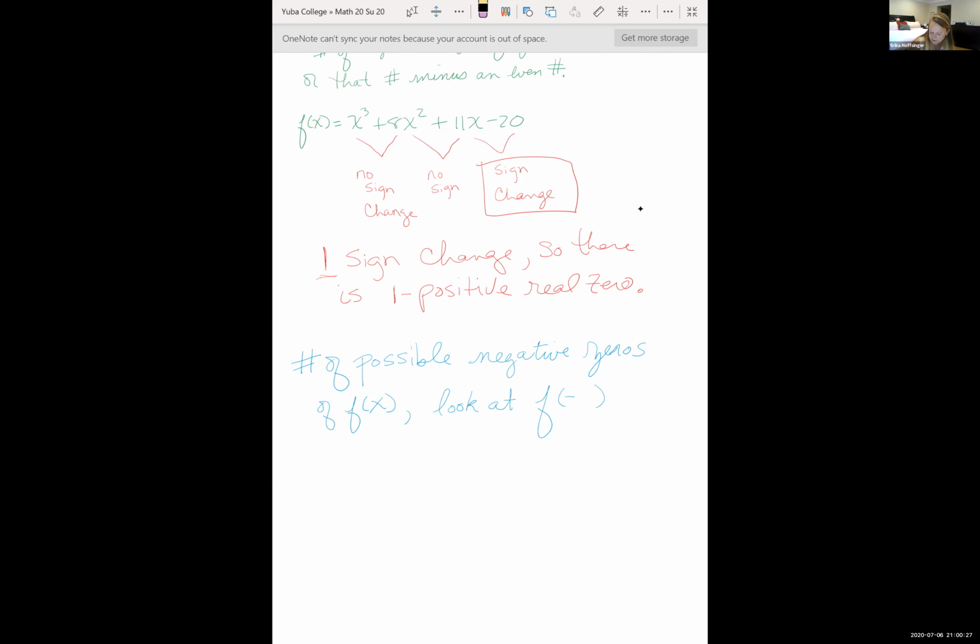So in this case, f of negative x. Count the number of sign changes of that.